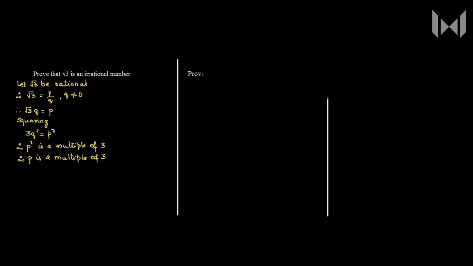Now, so we assume that let p is equal to 3m. So we substitute in the first equation, and therefore 3q square is equal to 3m the whole square. That is 3q square is equal to 9m square. So you have q square is equal to 3m square, and this again implies q is a multiple of 3.